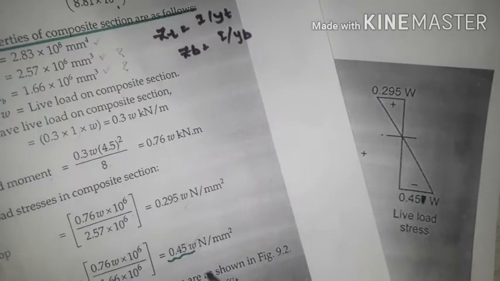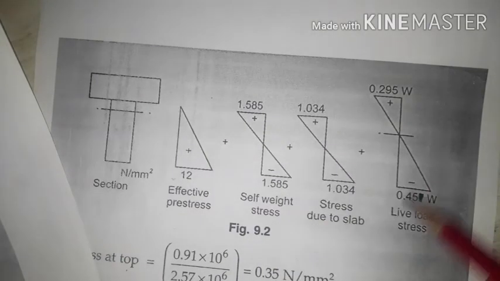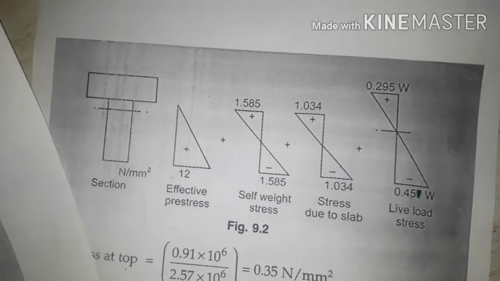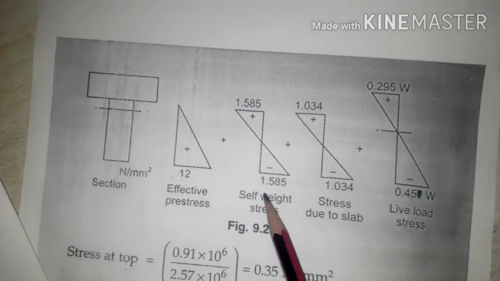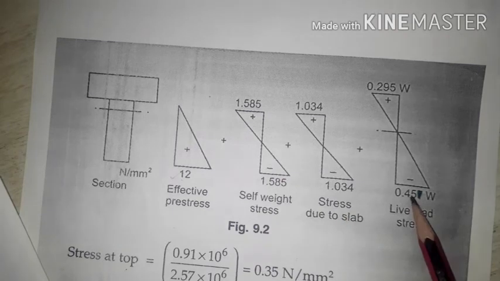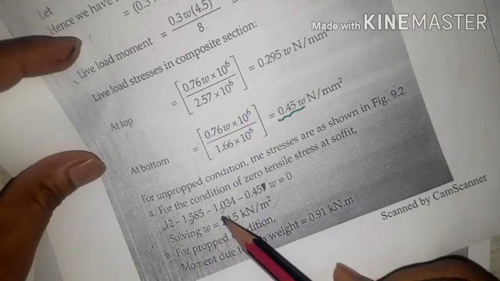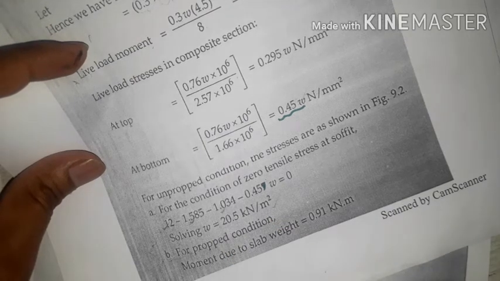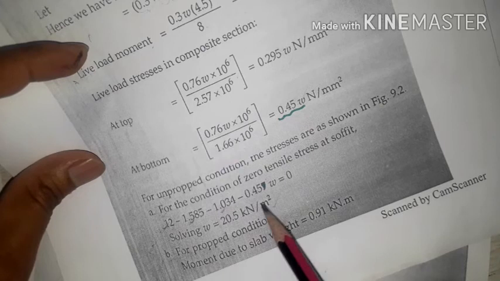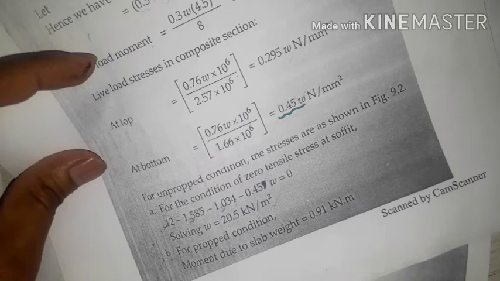So everything you have to merge, or club, into the stress distribution diagram, and if you compile it, it is plus 12, minus 1.585, minus 1.034, and minus 0.45 W. I can show you here: minus 12, minus 1.585, minus 1.034, and 0.45. By doing this, we will get W equal to 20.5 kilonewton per meter square for the condition of zero tensile stress.